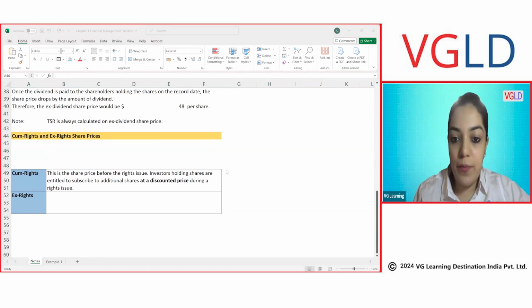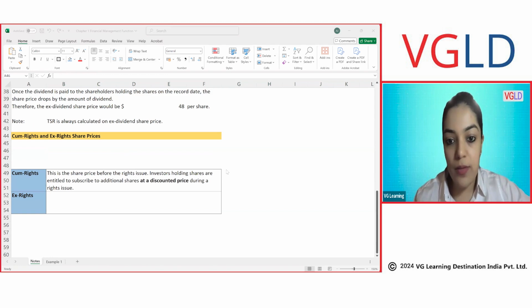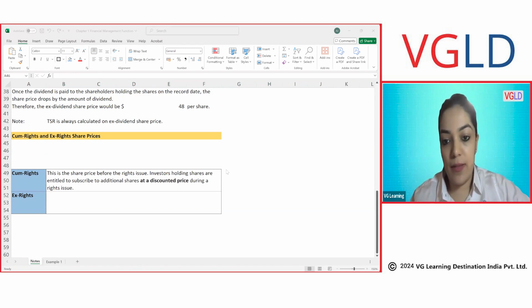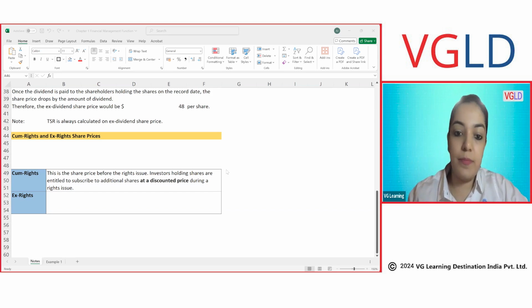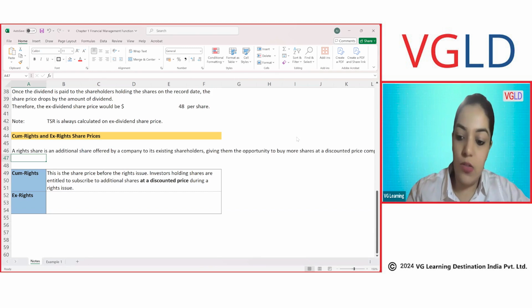A rights share is an additional share offered by a company to its existing shareholders, giving them the opportunity to buy more shares at a discounted price compared to the market price. That is a rights share.